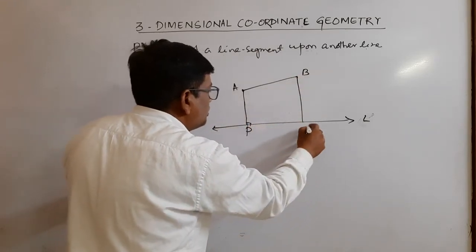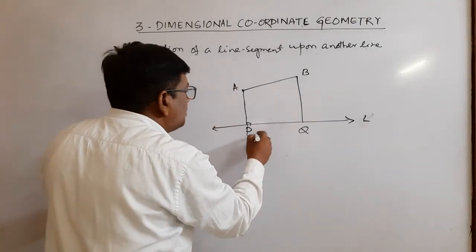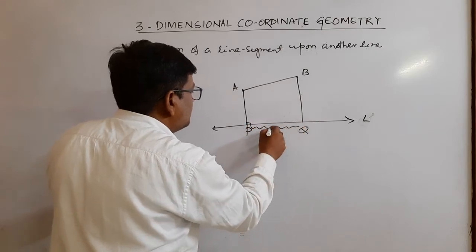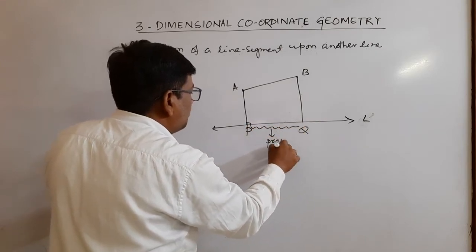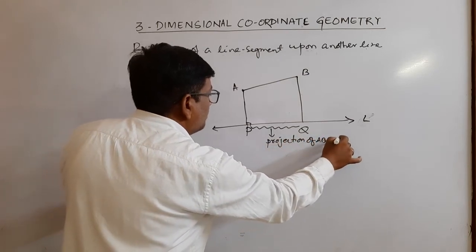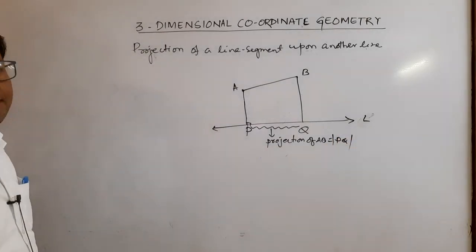Suppose these are P and Q. This distance PQ is called the projection of AB.